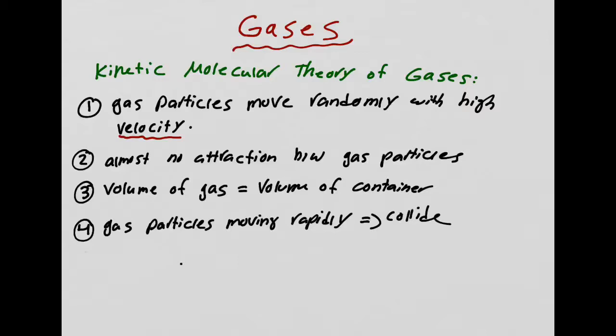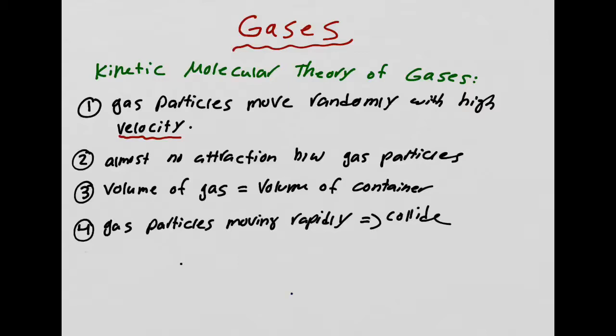So gases are moving around, and this is harder to show without you seeing me. As they're moving around, they're going to collide, and they're going to hit the walls of the container. And then they're just going to go in a new direction. Now, here's the thing.